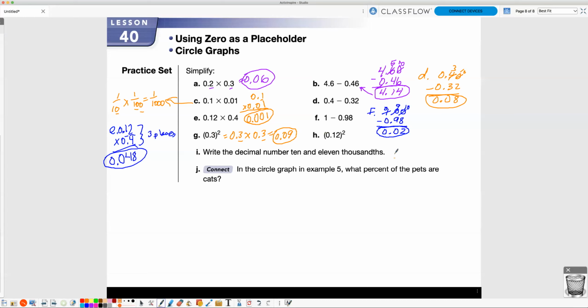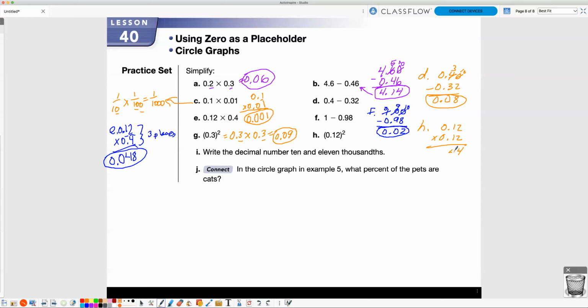All right, and letter H. For that one, you need to remember it's the same concept. It's 12 hundredths times 12 hundredths. And from previous lessons we've done, you may remember what 12 times 12 is. 12 times 12 is 144.